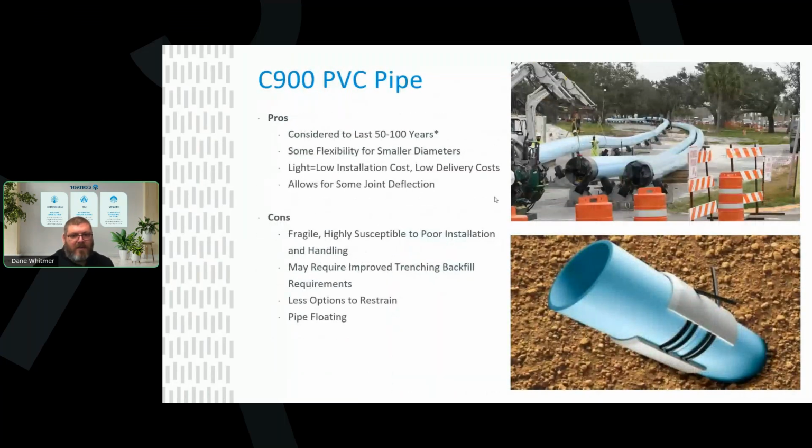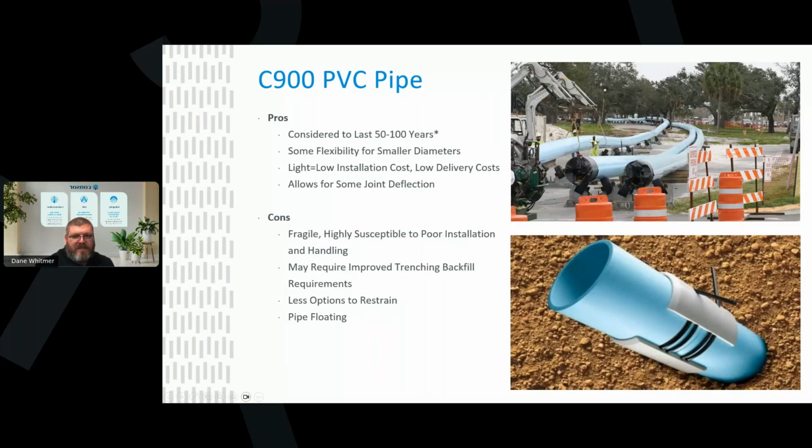It has some flexibility to it, especially in the smaller diameters. So that's something to always consider. Just because it's plastic doesn't mean that it can bend. There are limitations to it. It's lighter. That means it has a lower cost for delivery and it does allow for some joint deflection. Here's another picture on the right-hand side of another way that PVC pipe can be restrained using these locking threads or cords that you put through it.